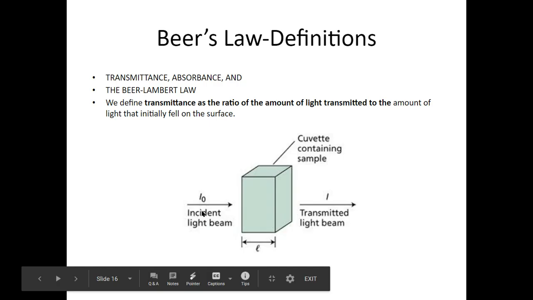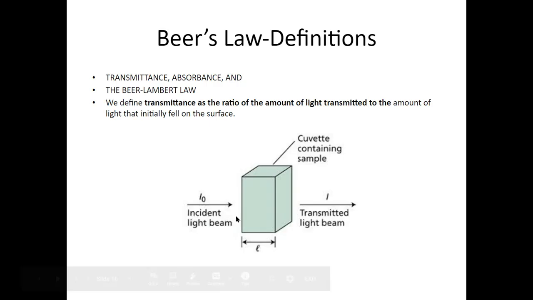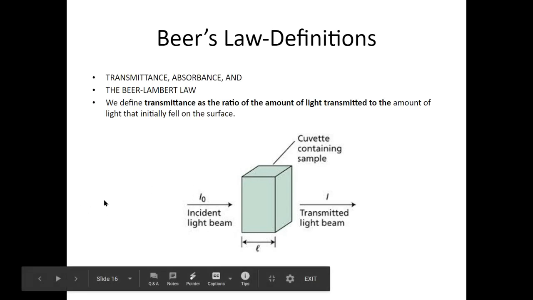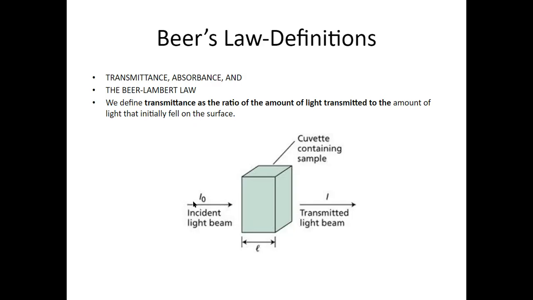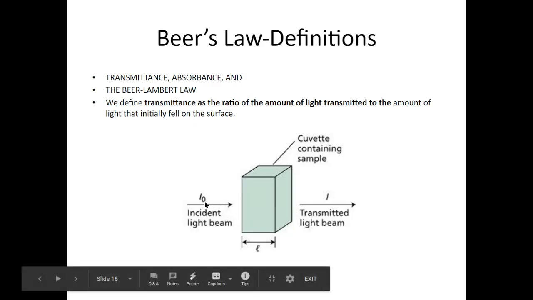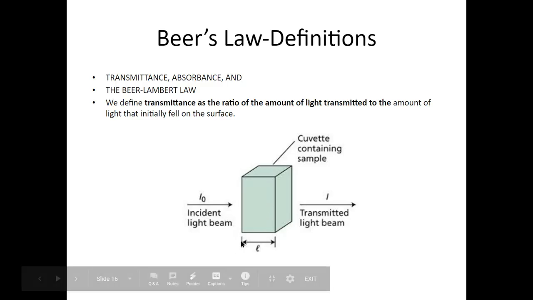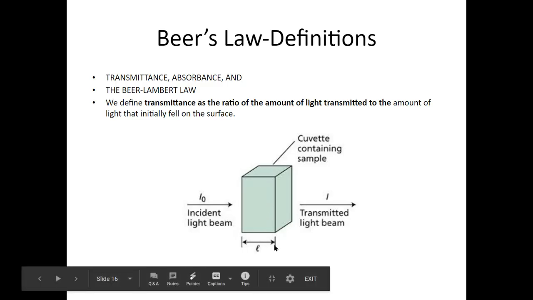I0 is the incident light beam, in photons per second, coming from the light source, through the prism or diffraction grating, and now the slit, and then it hits this cuvette with the solution inside. This little L here is the length of the light path, and it's usually fixed because it's just the cuvette, usually 1 centimeter. That's it.